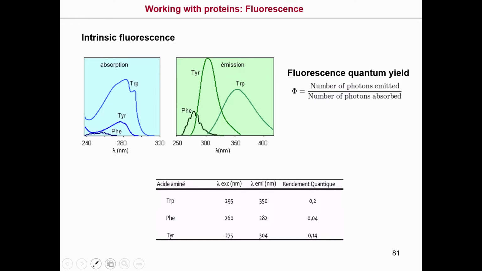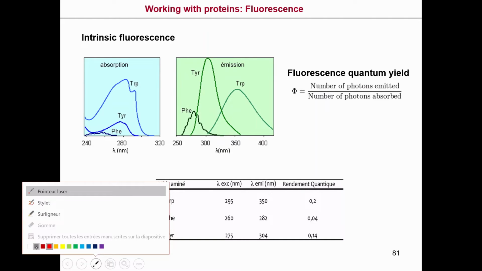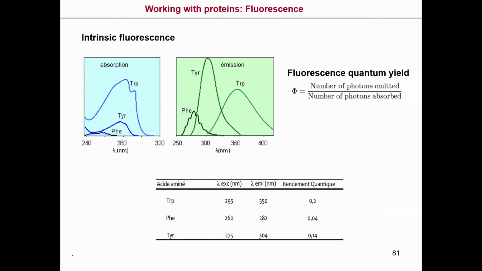Okay, so in the article, when we talk about intrinsic fluorescence, it means that we talk about tryptophan fluorescence. So for the tryptophan fluorescence, you will have an emission spectra of the protein.